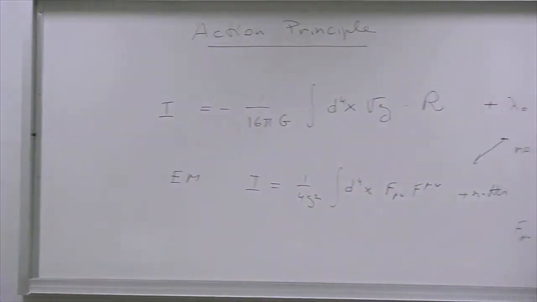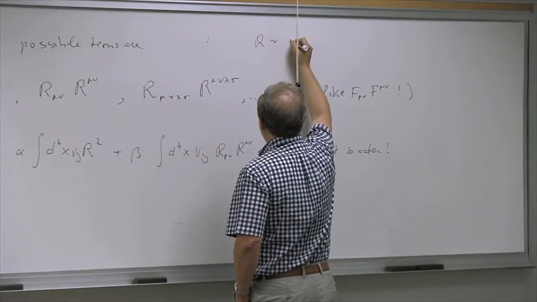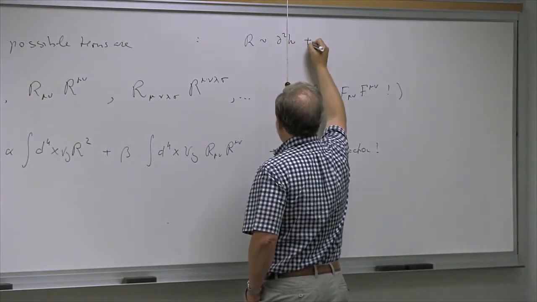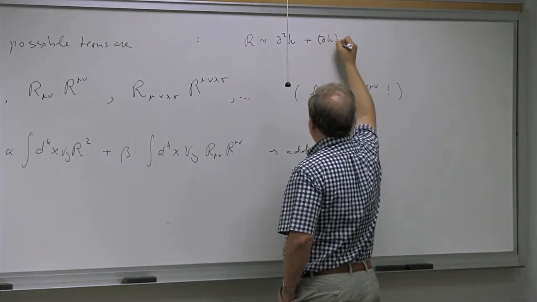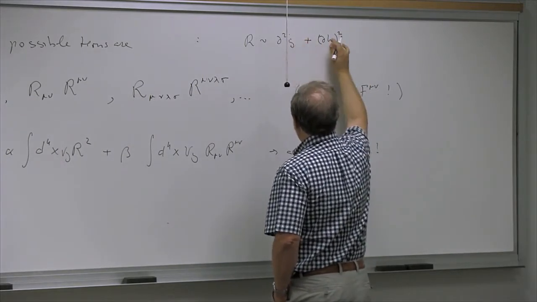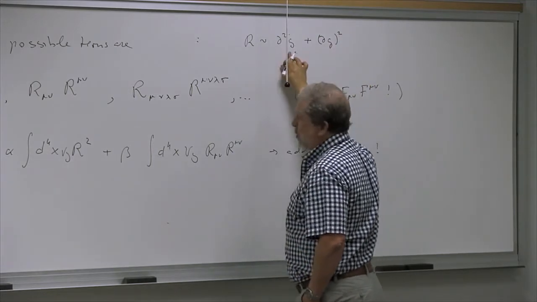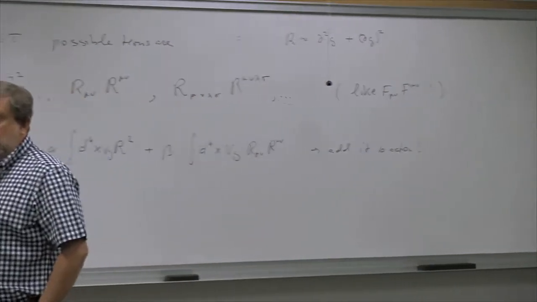Because you do remember that R, or Ricci or Riemann or whatever it is, contains second derivative of the metric, and it also contains things like first derivative squared of the metric or the fluctuation in the metric. It doesn't really matter, right? And so that means that when you square it, you get more derivatives, right?